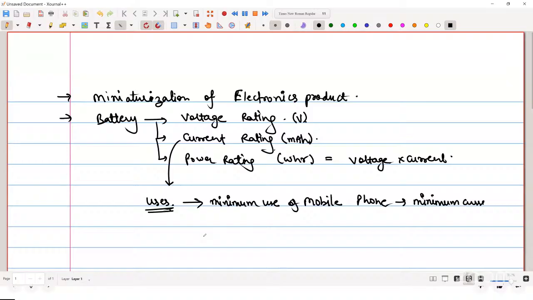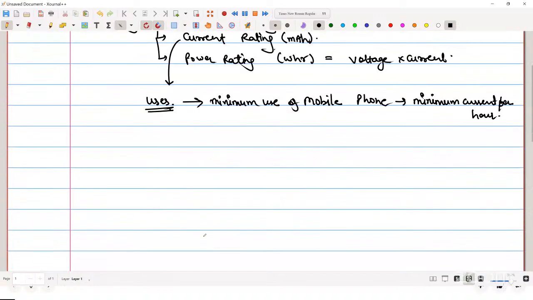If we have a 5,000 mAh battery, what is the meaning of that?